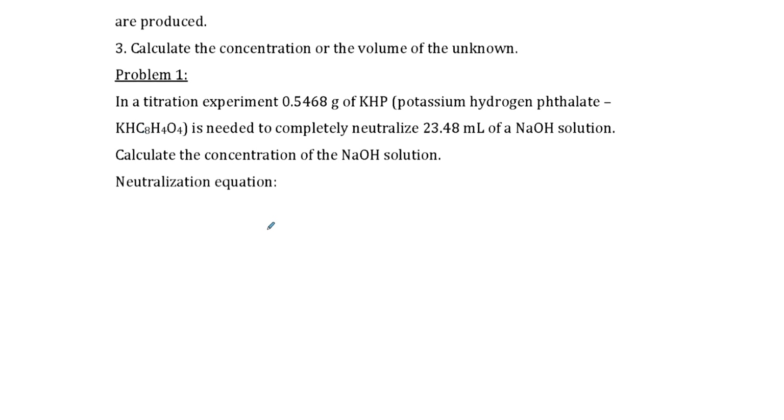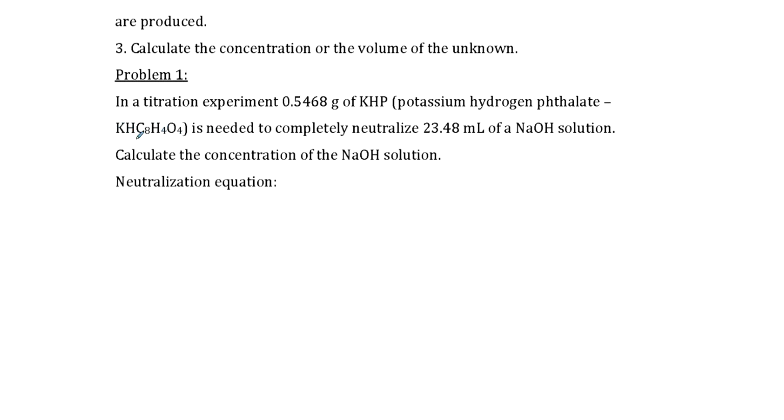Here is one example that we can work through. It's a bit of an ugly compound, but it'll be just fine. In a titration experiment, 0.5468 grams of KHP, which is the short form of the compound, actually potassium hydrogen phthalate, and this is the actual chemical formula.